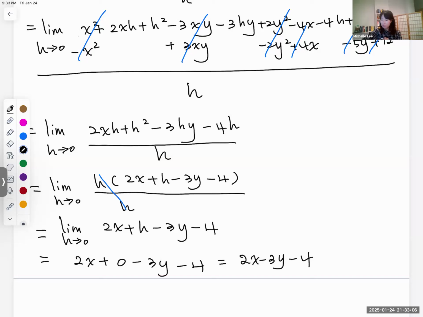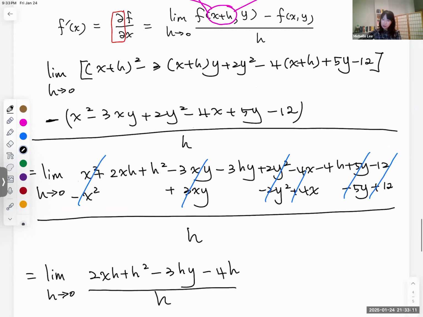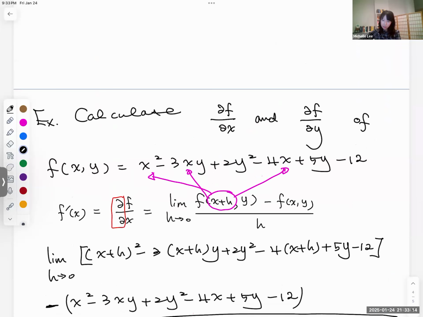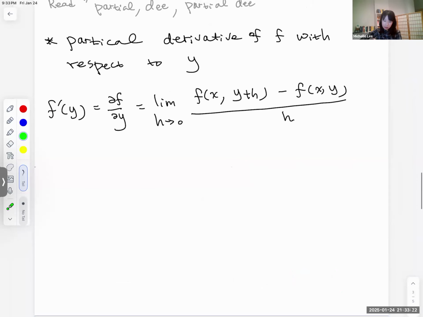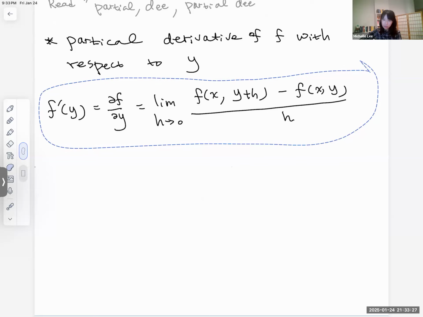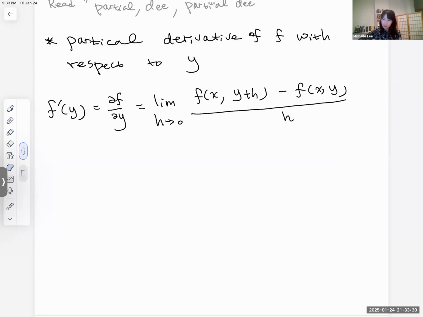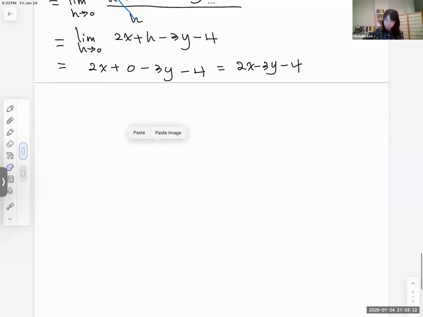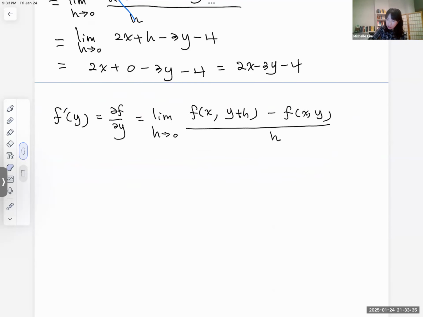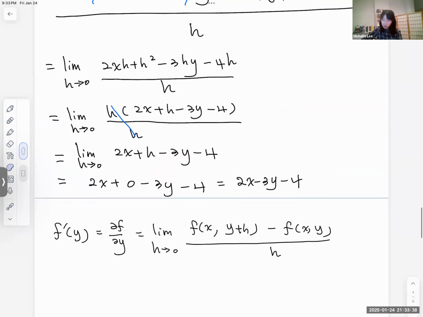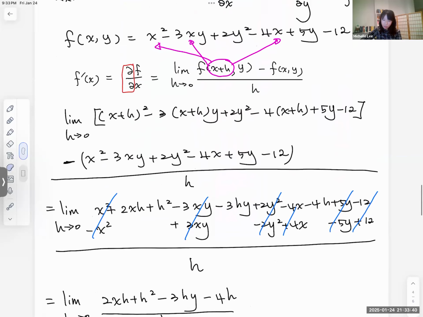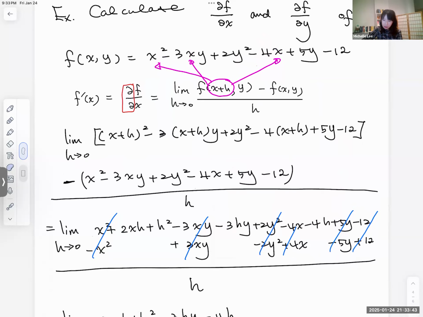Now, for this function, let's do the derivative with respect to y. So we have this one. Copy. Let's see, we have the function.